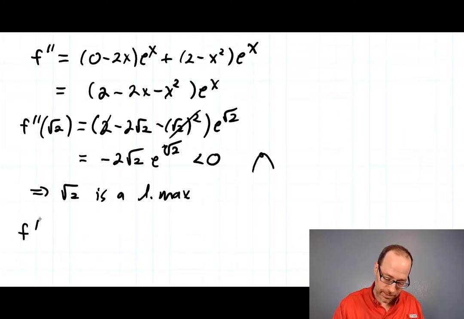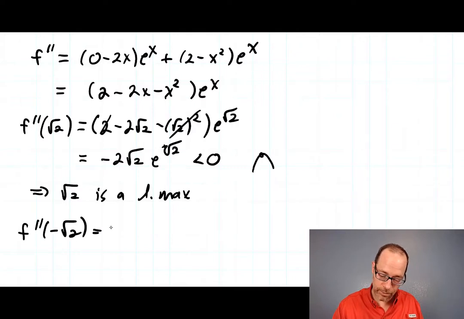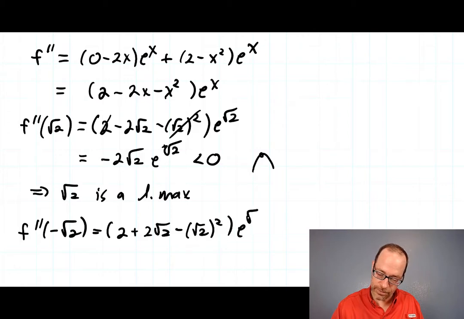And then next, let's look at f double prime of negative square root of 2, the other critical point. We get 2 minus minus square root of 2 squared, e to the negative square root of 2.